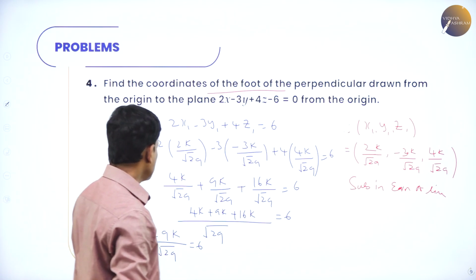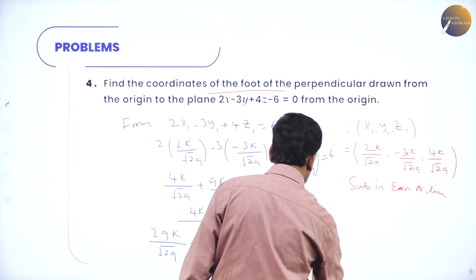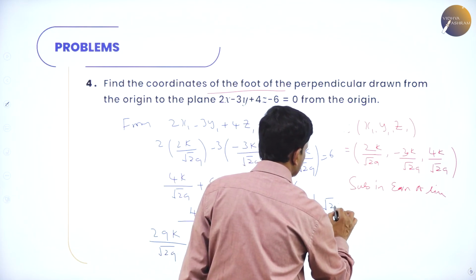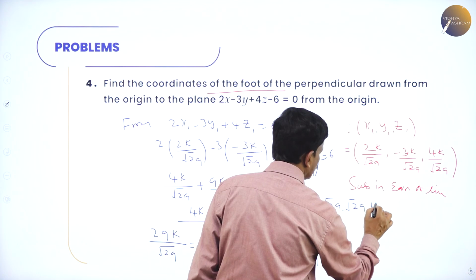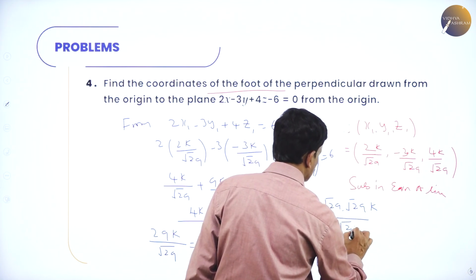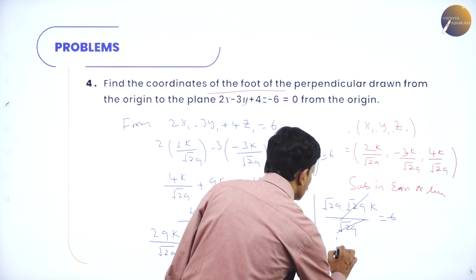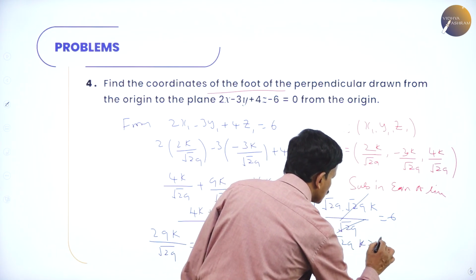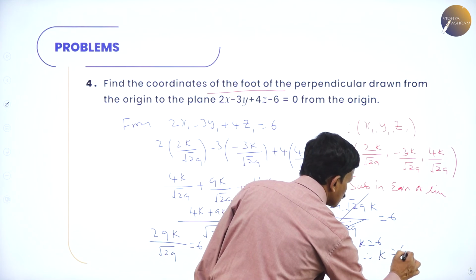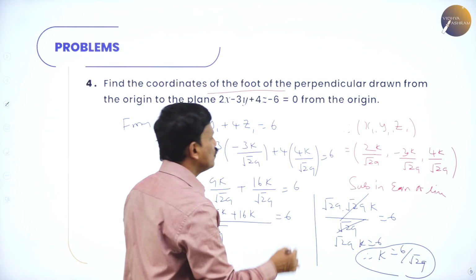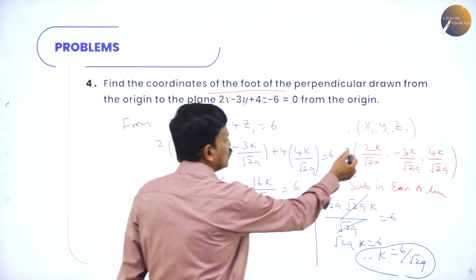Now, this can also be written as root 29 into root 29 times k divided by root 29 is equal to 6. Root 29 gets cancelled. Root 29 times k is equal to 6, or therefore k is equal to 6 by root 29. Substitute this value in the equation.